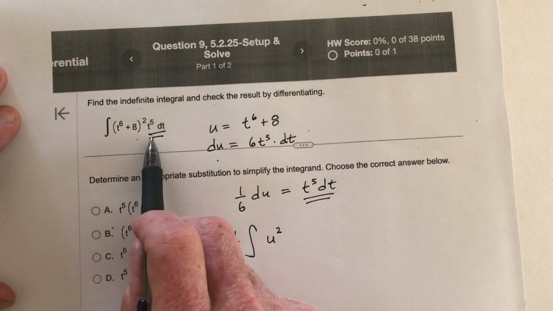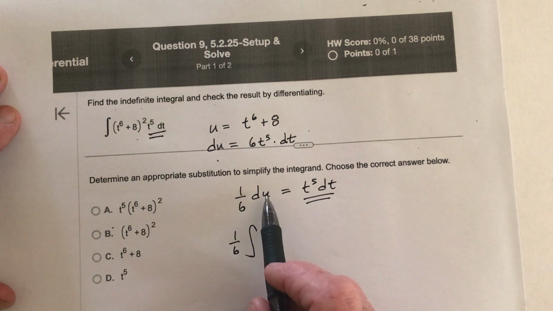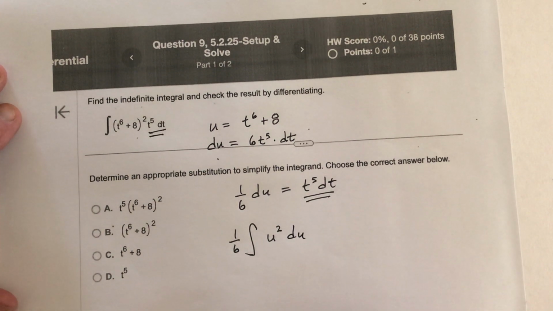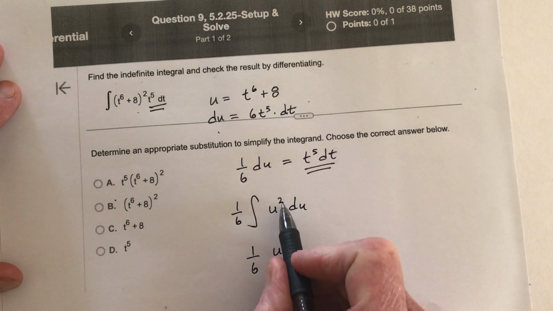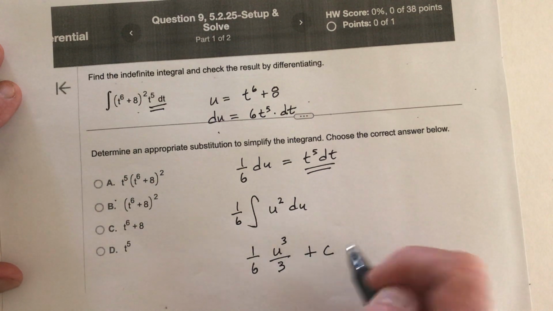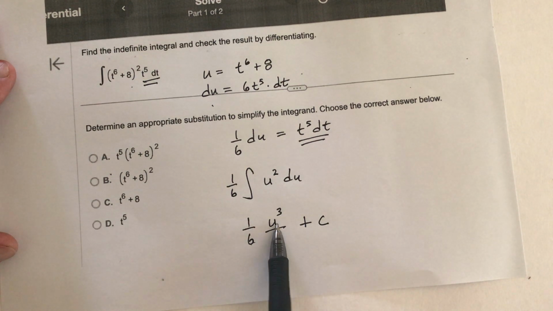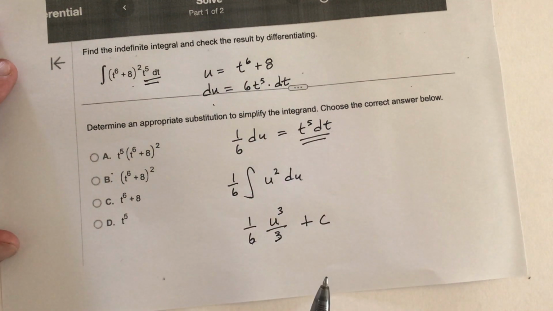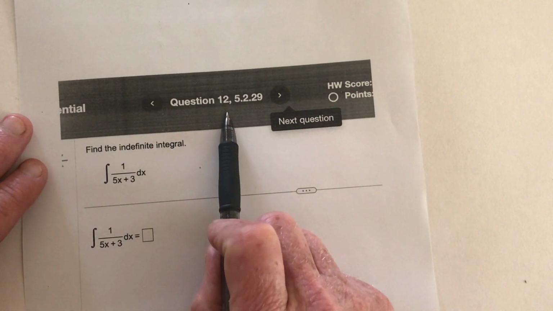And then all of this stuff, the t to the fifth dt, gets replaced with the 1/6, which I already have, and the du. And then the antiderivative for this would be add 1, so that's a 3, and divide by a 3, and then plus c. And then to finish this one off, you could just say this is 1/18, and then replace the u with the t to the 6 plus 8, and that one's done.